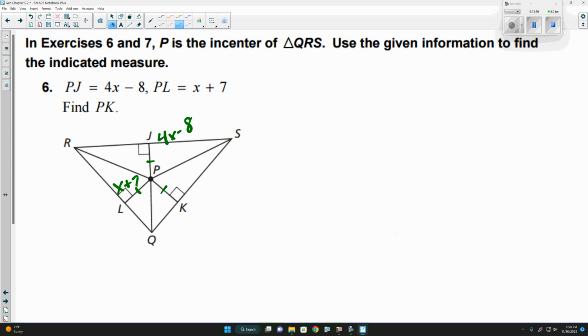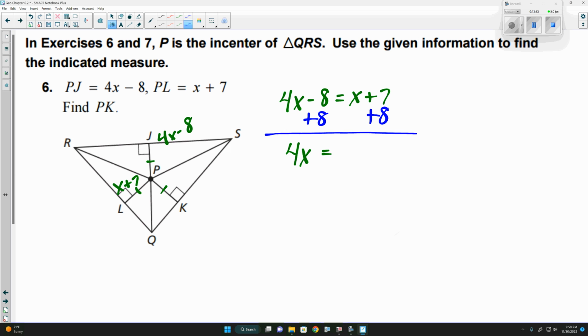If we know that all three lengths are the same, they're equal, well, we can set the two that we know, 4x minus 8, equal to x plus 7, and solve for the value of x. And once we find the value of x, we can plug it back in. So the first thing we can do is add 8 to both sides, which will tell us that 4x is equal to x plus 15.